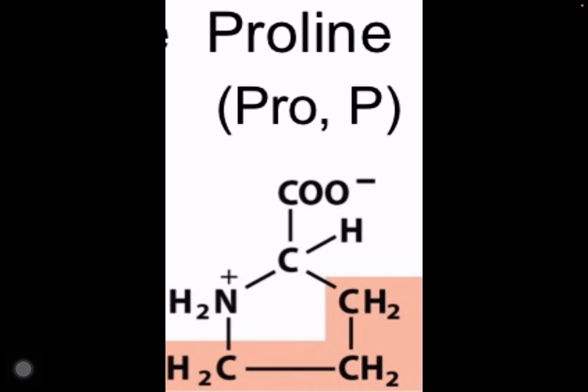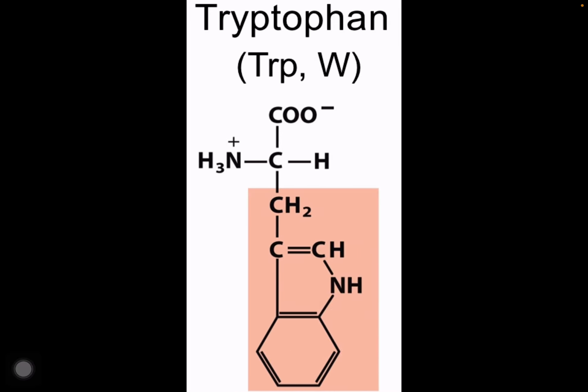So it can be at the second position of the beta turn. And it's really hard to form a hydrogen bond in this case. It has 3 CH2 groups. And tryptophan has the only double ring. And the abbreviation you need to notice is W.